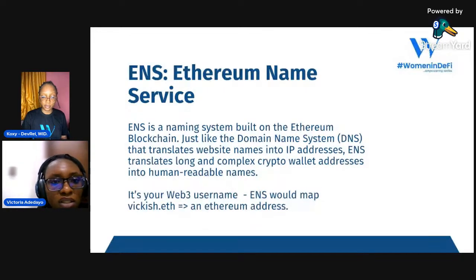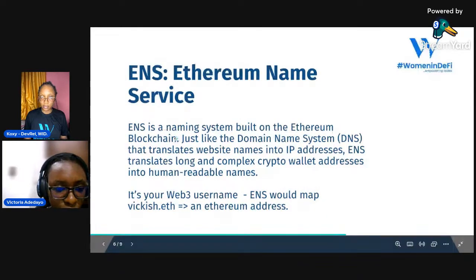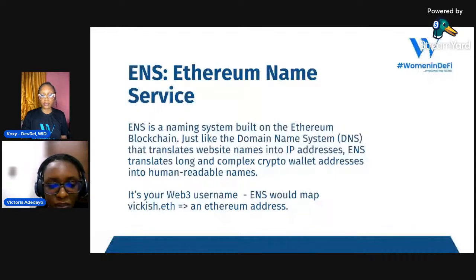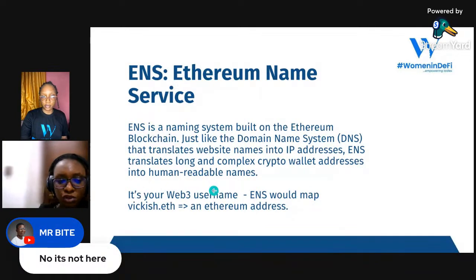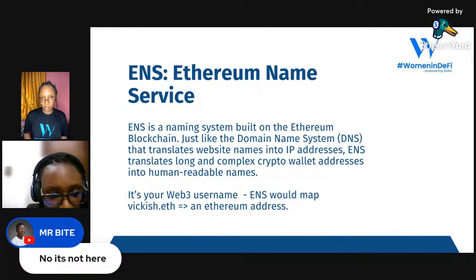Imagine Coxie tells me, Vicky, hey, paste your Ethereum address, let me send you money. And I'm going to paste 0x. Coxie, please, can you mute? All right, thank you. So I'm just going to paste 0x and all those hexadecimal numbers and characters for her.